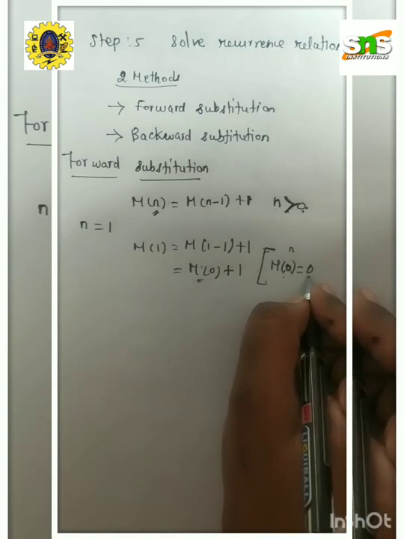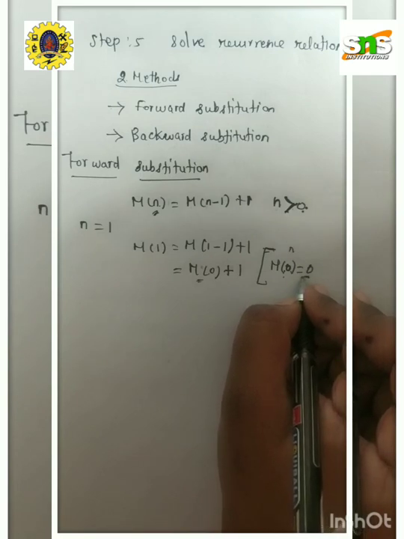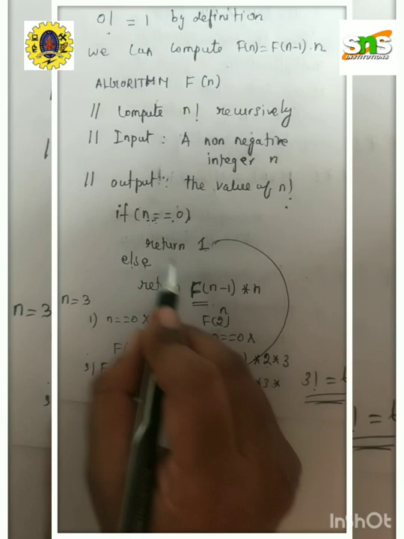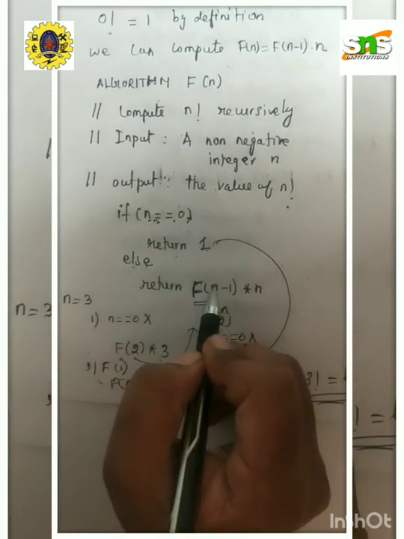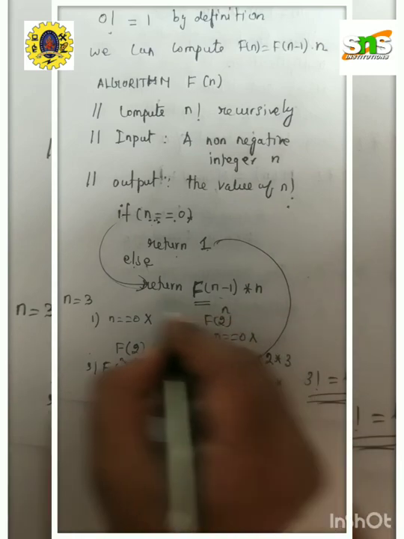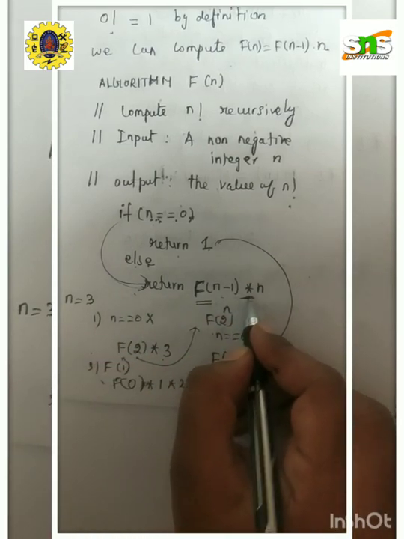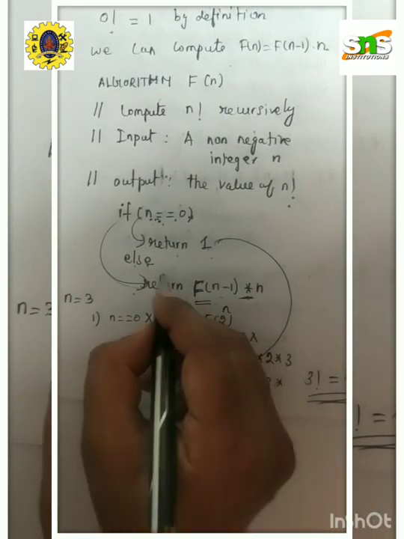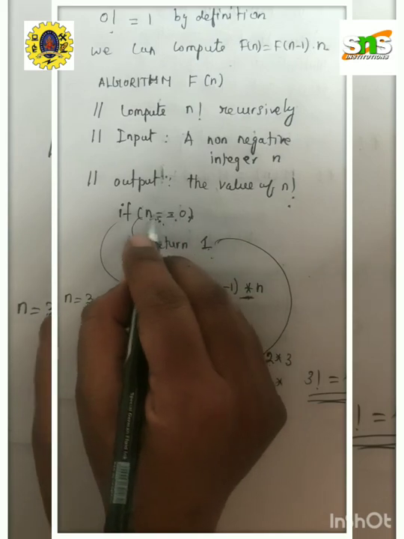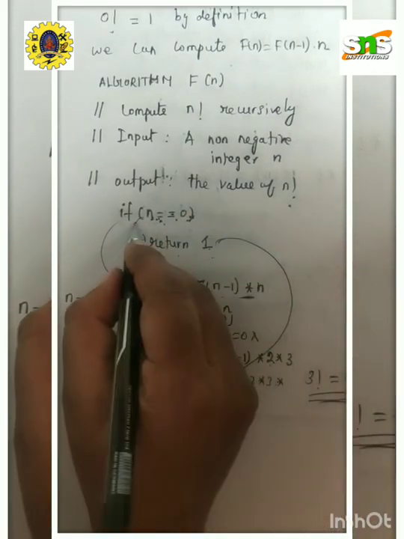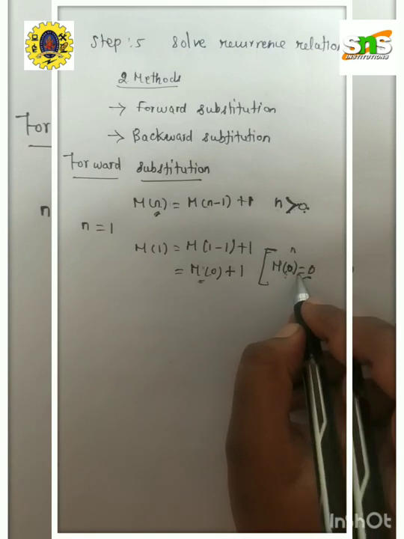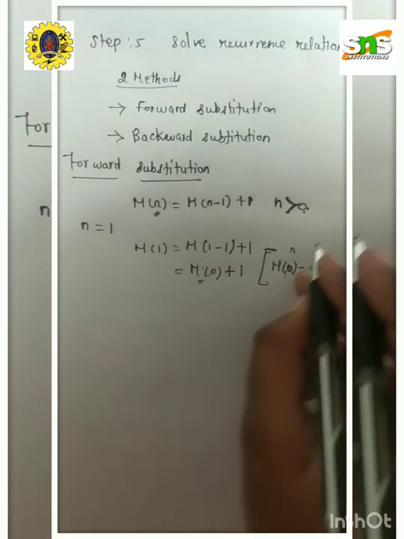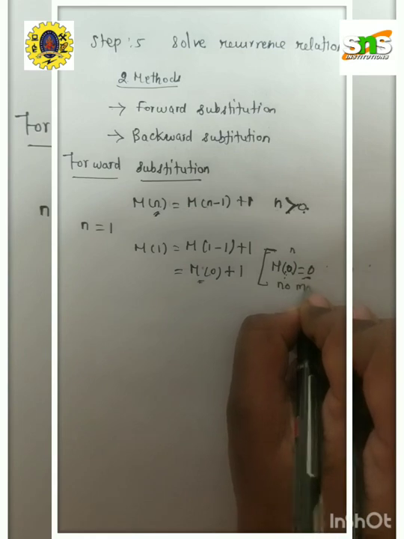See, in this algorithm, if n is equal to 0, it will not move to the basic operation, because the basic operation is multiplication. It will directly execute this statement and come out. It will not proceed to the else part. So if n is equal to 0, there is no multiplication. So m of 0 is equal to 0, because no multiplication.